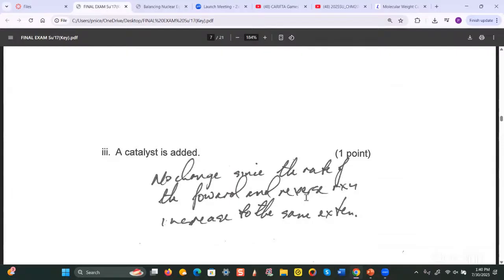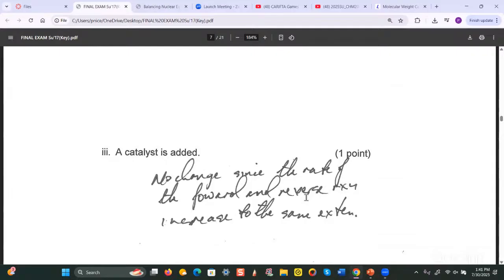Let me remind you that when it comes to the effect on the equilibrium constant, the only factor that will change the equilibrium constant is temperature. Kc, Kp, whatever the K is. If you change the concentrations and then equilibrium is restored, the Kc value will be the same.